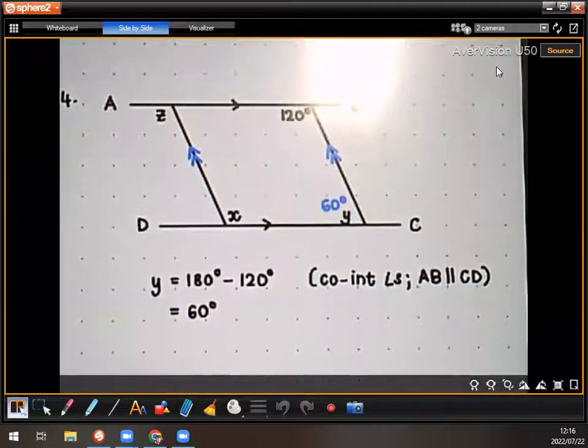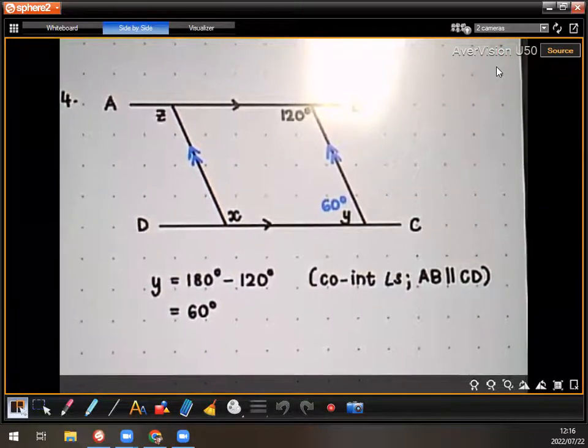Were those arrows in anyone's book? No, okay. Please add those blue arrows in, guys. They are supposed to be there. Okay, we'll talk about X and Z just now.